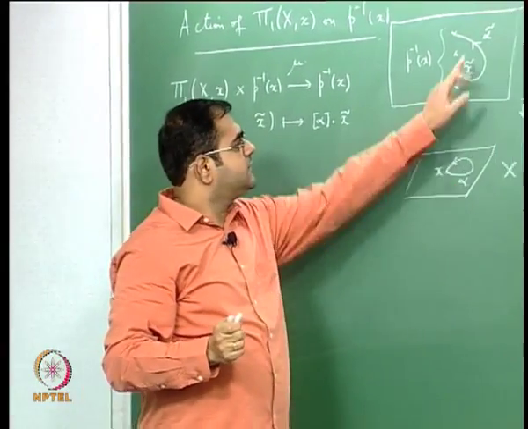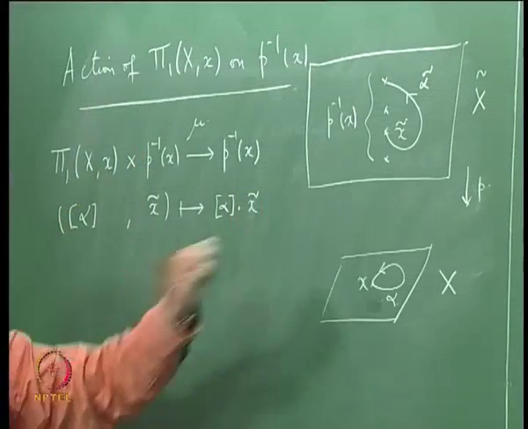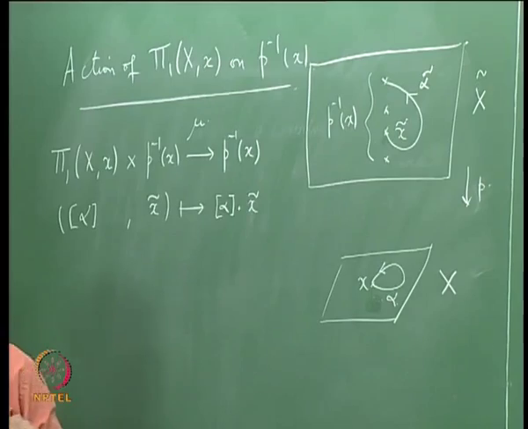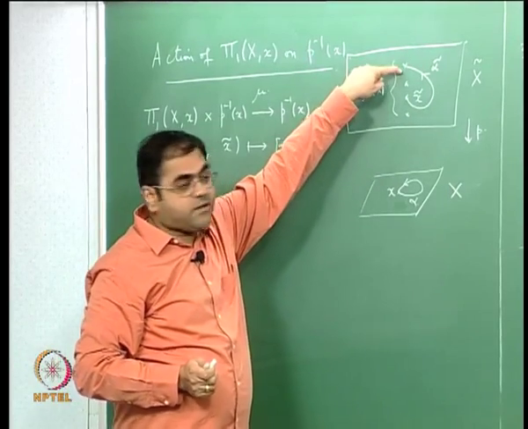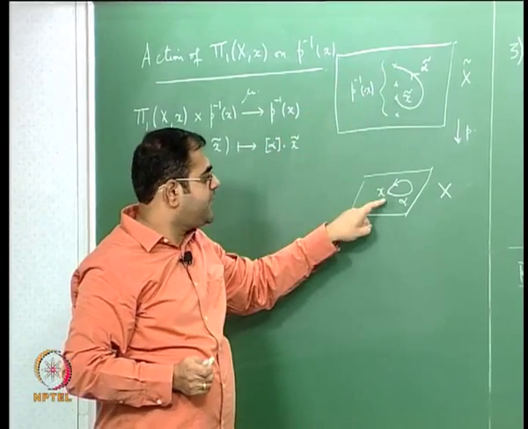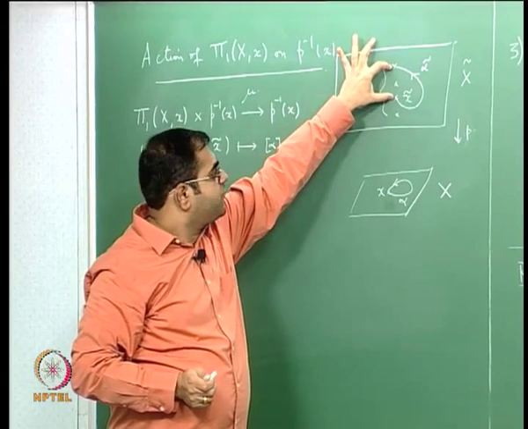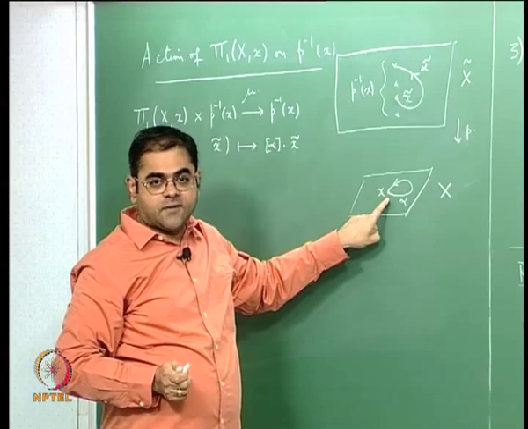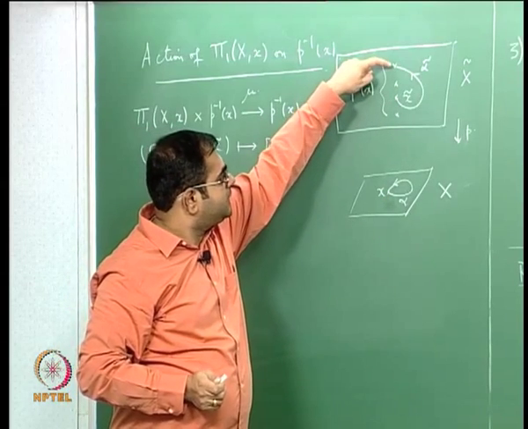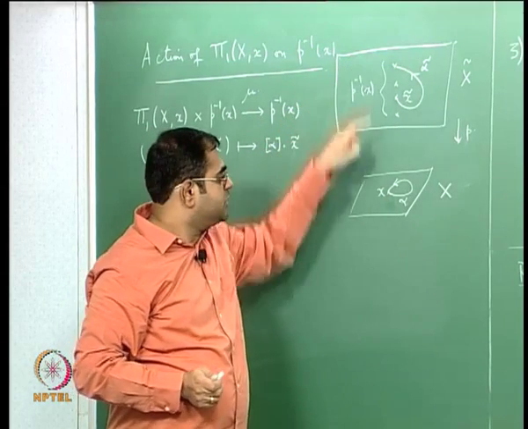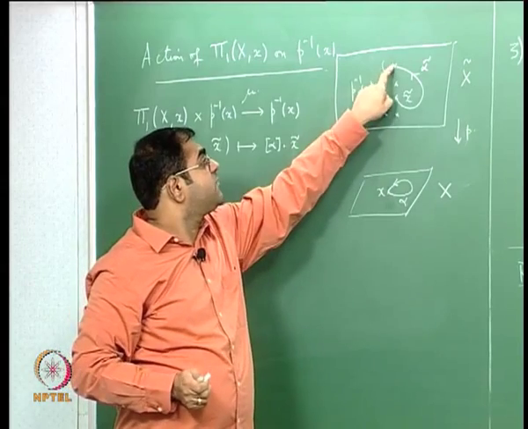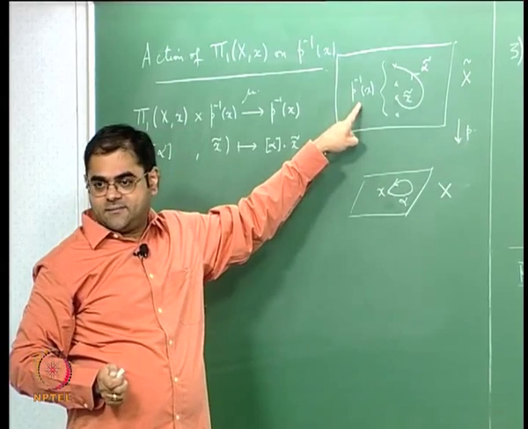Given this alpha, this lifting is unique because I fixed the starting point, but notice that the end point of alpha tilde has to be again lying over x. That's because alpha tilde is a lift, so if I project it down I should get alpha, which means that the end point of alpha tilde should be a point over x, namely a point in the fiber, okay.